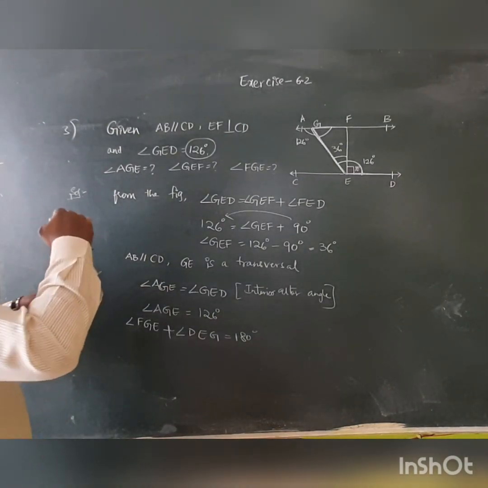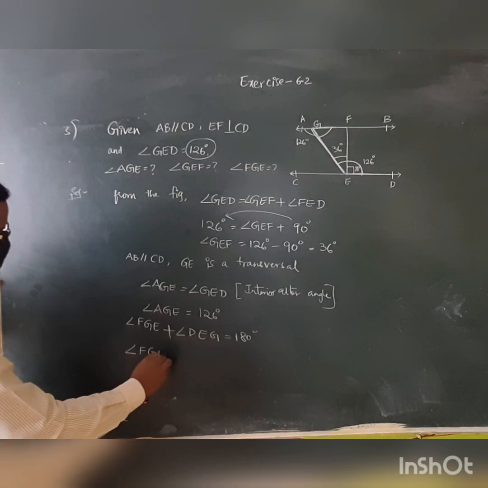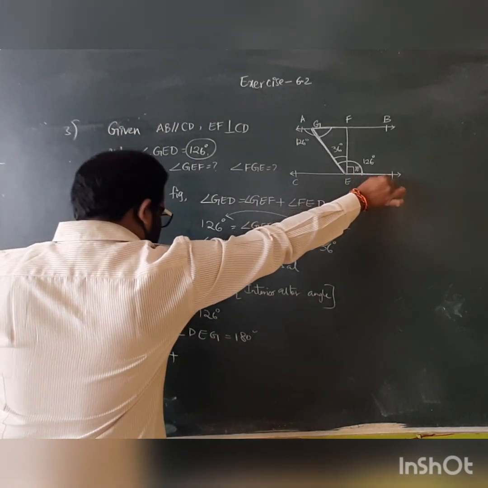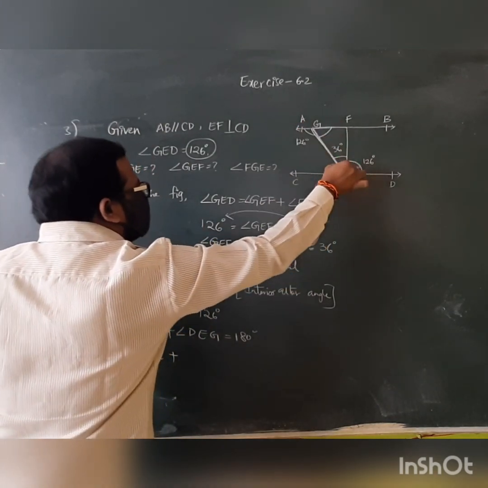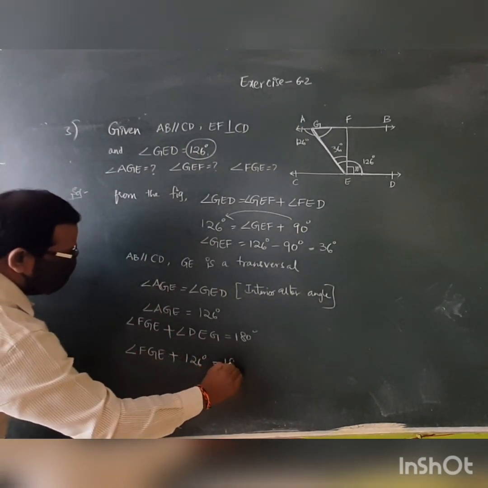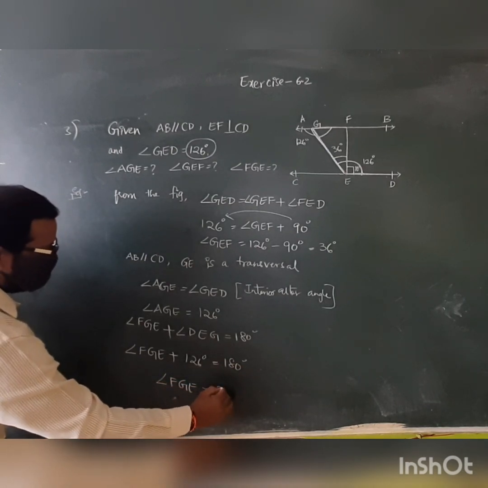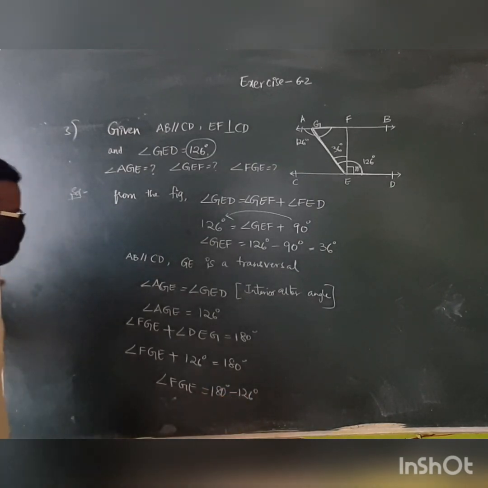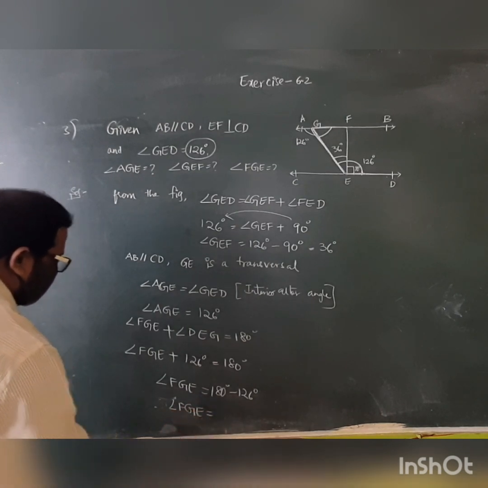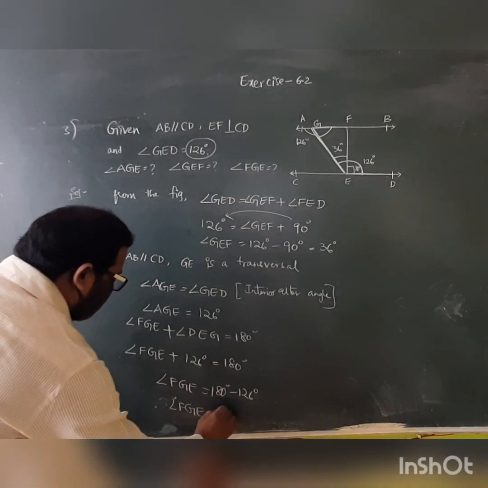We can say that those two sum to 180 degrees, supplementary. So angle FGE plus angle DEG, whose value we already know, since angle DEG and angle GED are the same, we take 126 degrees here, equal to 180 degrees. So angle FGE equals 180 degrees minus 126 degrees. Therefore, angle FGE equals 54 degrees.